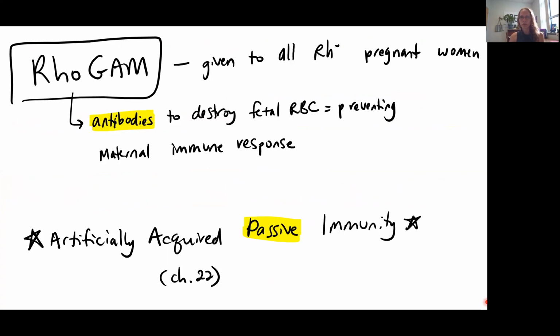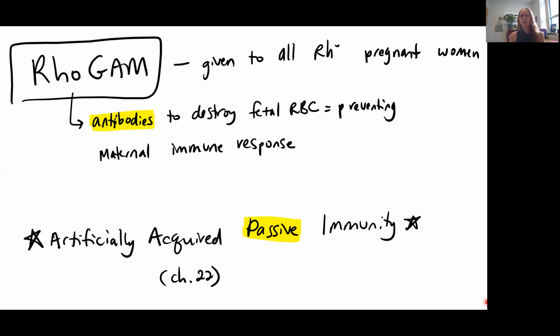So whether this is the first pregnancy, the second pregnancy, the third pregnancy, if you have Rh positive red blood cells entering the maternal bloodstream, she will attack and remove those rather than creating an immune response to those cells.